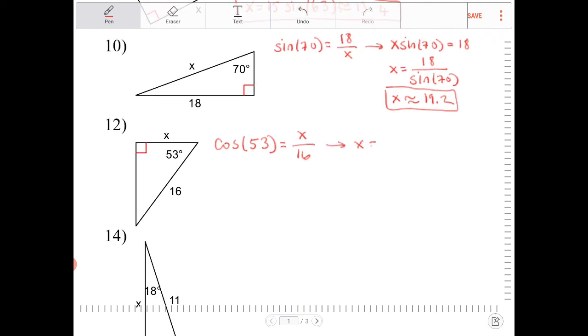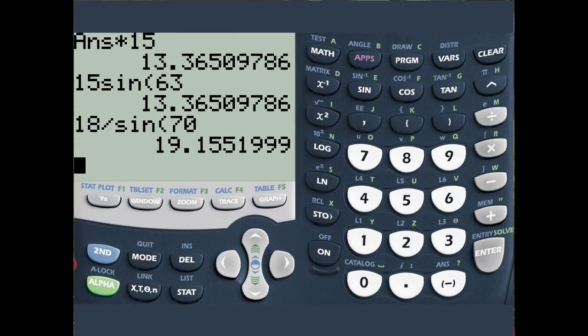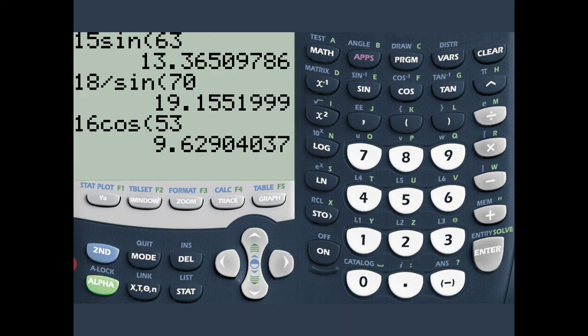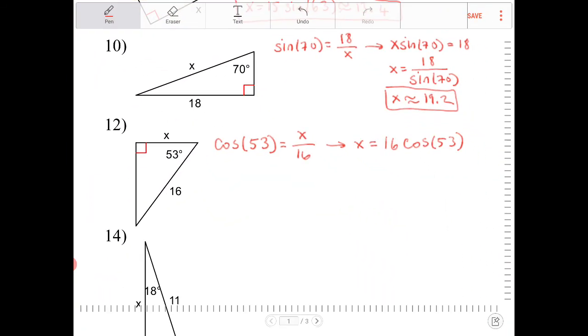I'll end up with x is equal to 16 cosine 53. I enter that into the calculator. 16 cosine 53. 9.63 or 9.6 rounded to the nearest tenth. So x is approximately equal to 9.6.